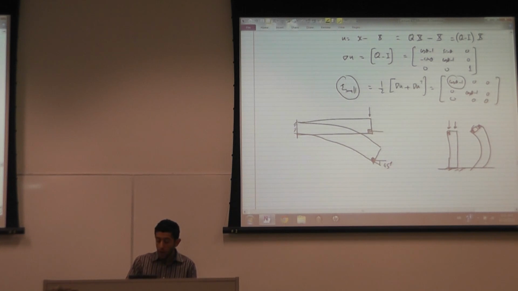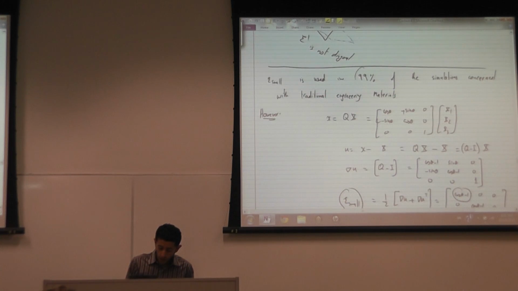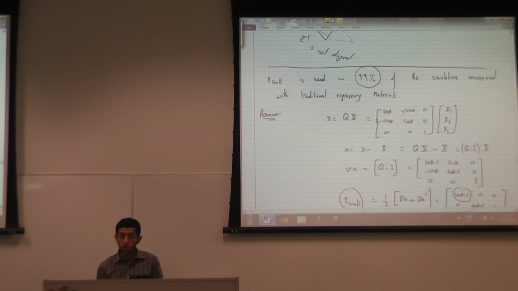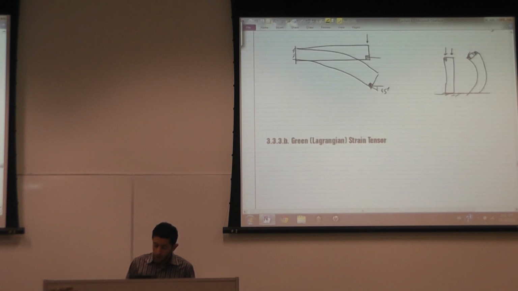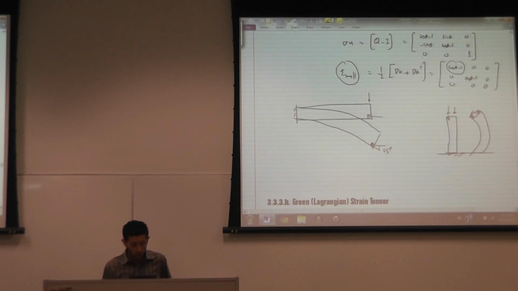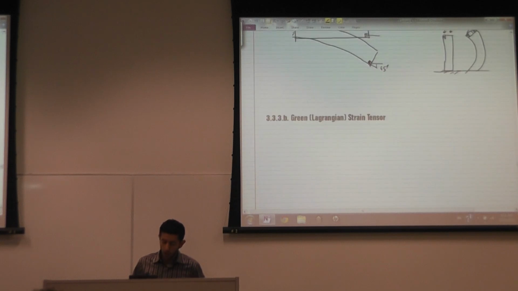And that's why for buckling, you have to use large analysis or large deformations. So for that 1%, where you actually require large deformations, where you want to model buckling or anything with large deformations, you cannot use this strain measure. A better strain measure is the Green Lagrangian strain tensor.